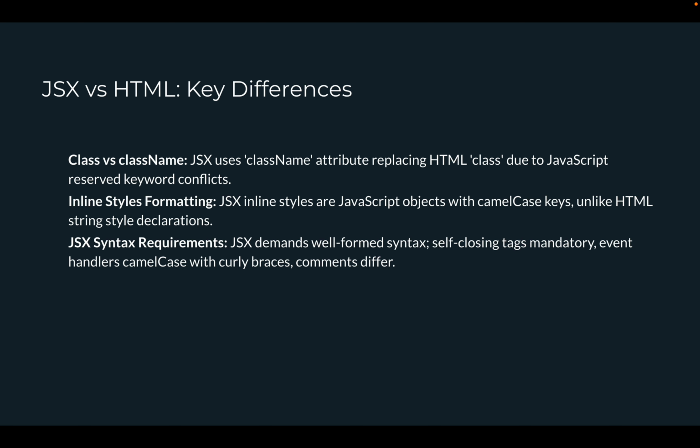So JSX basically uses the className attribute replacing HTML class due to JavaScript reserved keyword conflicts. Next, for inline style formatting, in JSX we use a JavaScript object with camel case keys, unlike the string style declaration in HTML.